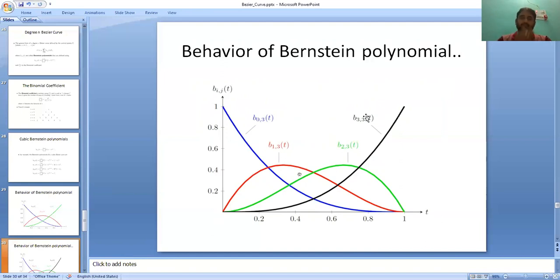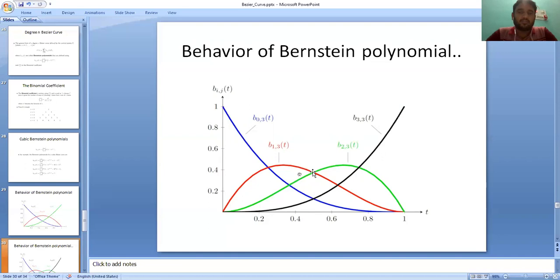Bezier curve. So when t is equals to 0, the first term has full contribution. When t is equals to 1, the last term has full contribution, and in between, say at 0.5, the first and last have equal but less contribution, and the second and third have equal contribution.